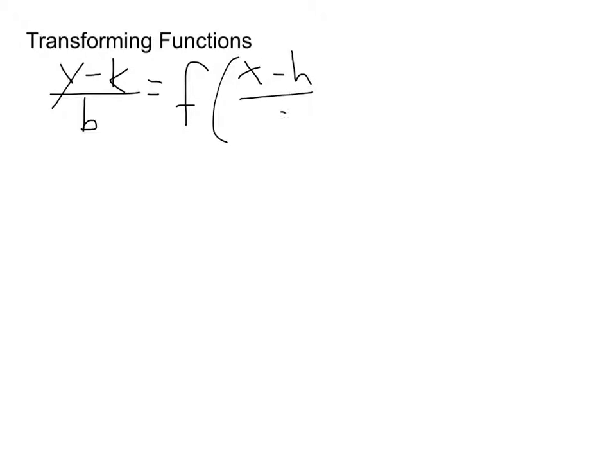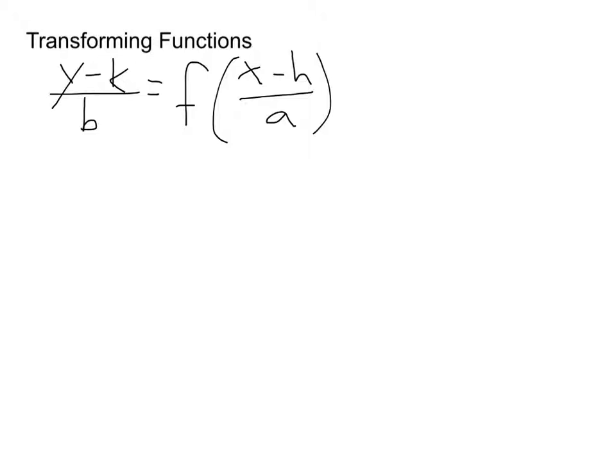Now, your book's going to have two different ways, and I don't like learning two different things for the same idea. So the regular form for transforming functions is (y minus k) over b equals f, that's the parent function, of (x minus h) over a. Okay?